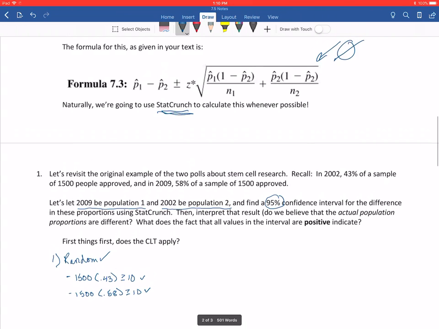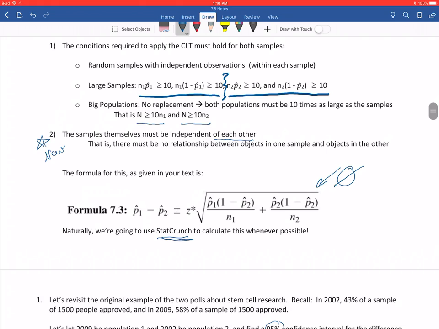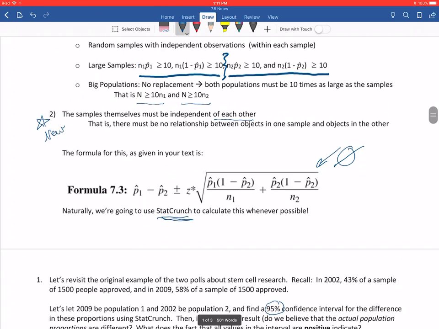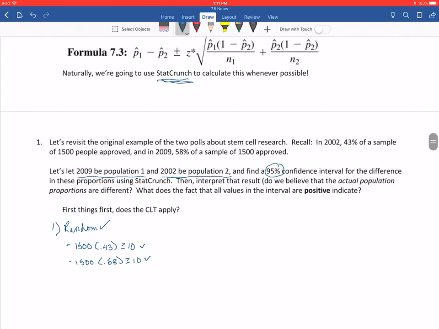Okay, and then we have to check, that was only for the one part of them. So this would be n1 p1, and this is n2 p2.